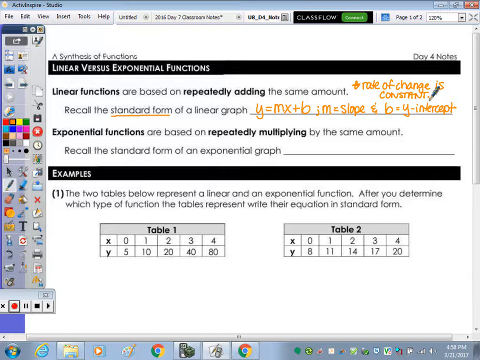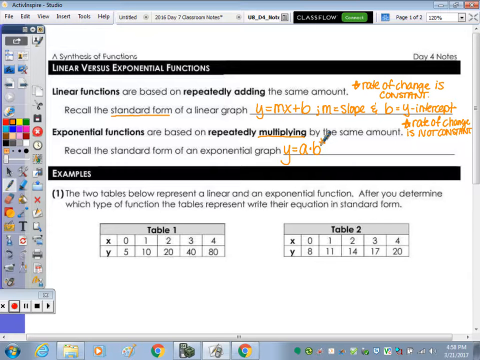So your rate of change is not constant. It's going to be increasing or decreasing by the same factor, or multiplying. The standard form for your exponential is y equals a times b to the x.